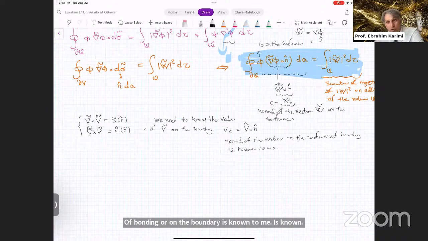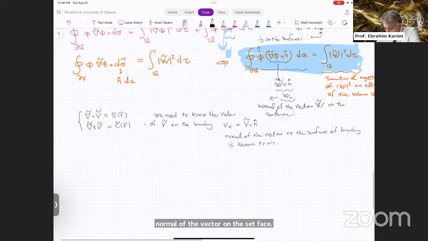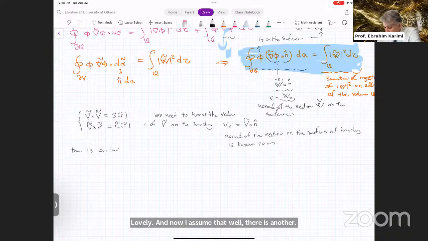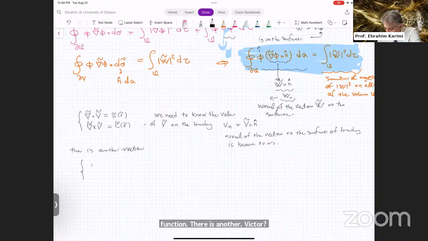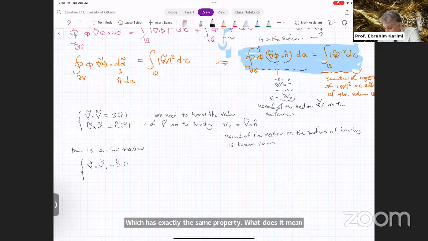Lovely. So I know what is going on with Vn, the normal of the vector on the surface. And now I assume that there is another vector which has exactly the same property. What does it mean? That divergence of V1 is equal to S of R, and curl of V1 is equal to C of R.